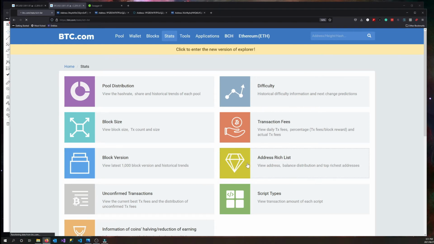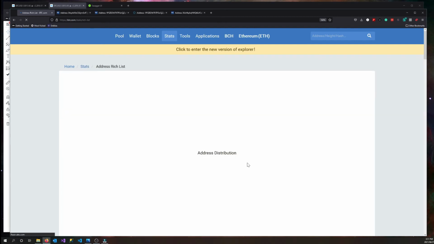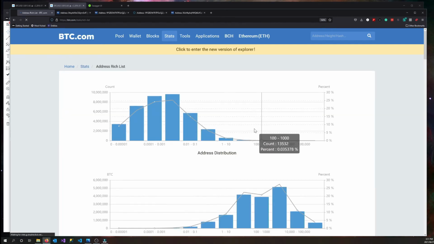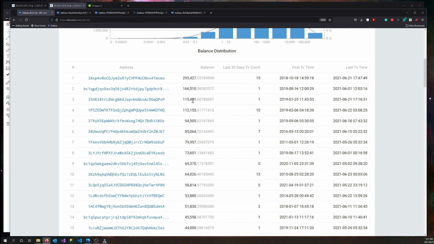If you click on that, and today would be good, have a look at the top Bitcoin addresses and the Bitcoin balances that they have. Massive. Now, I've been following two of them. This guy that's number 4 on the list, and this guy that's number 1 on the list, or lady or company, we don't know. And they have reasonably high-ish transaction counts over the last 30 days.